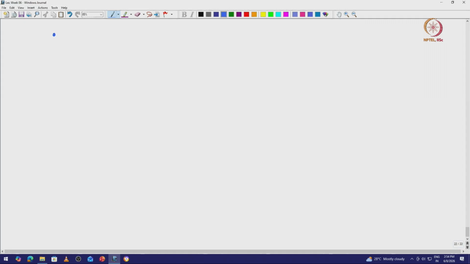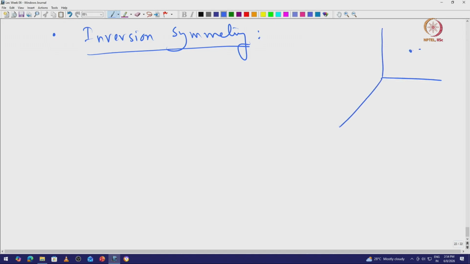So, let us take some examples. Inversion symmetry by definition, I have some R and I want to go to minus R. Okay.